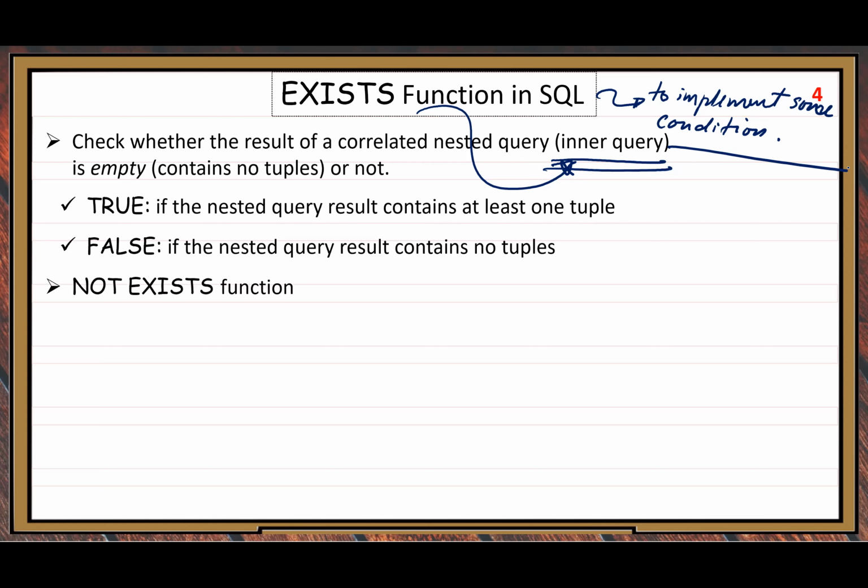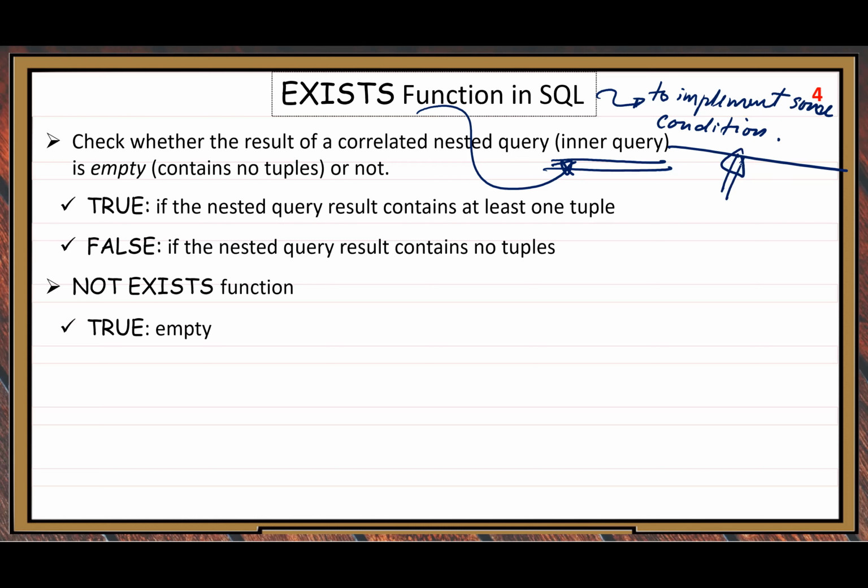Similarly, the not exists function. Sometimes we want to do the opposite, so not exists. It is more convenient. There are two versions, exists and not exists. We just pick the convenient one to represent some condition.